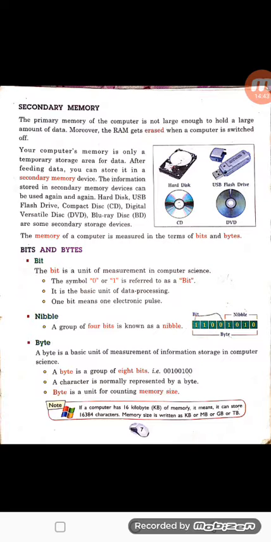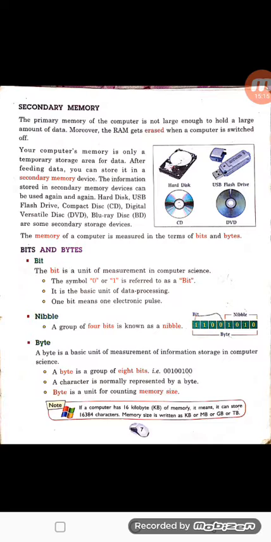And what is a byte? A group of 8 bits. Any 8 bits which are together in a group, we call a byte. A bit is any one symbol, whether it is 0 or 1. A nibble is a group of 4 bits and a byte is a group of 8 bits. So you should know the difference between bit, nibble and byte.